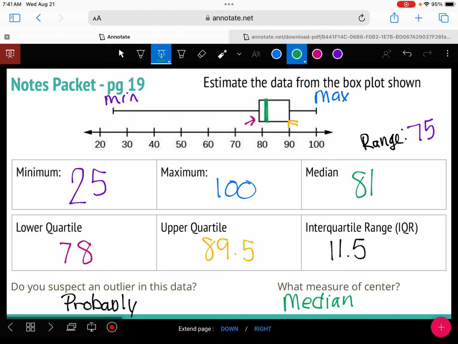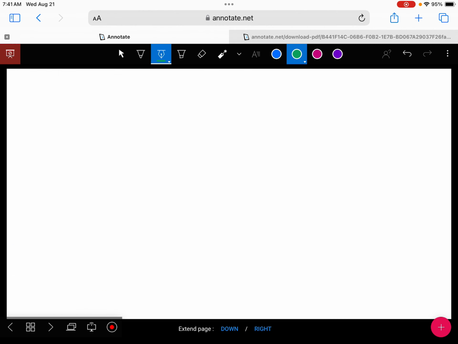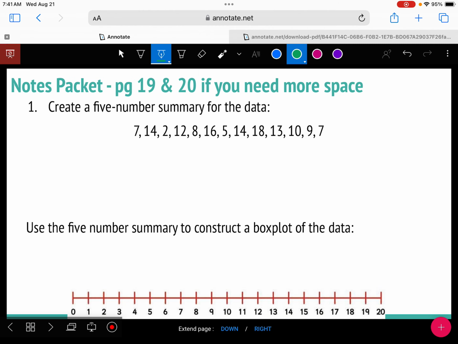Because now we're going to make one and draw it ourselves. We've got a data set. The numbers that we use to make the box and whisker are our min, our max, our median, the lower quartile, and the upper quartile. They are called the 5-number summary because there are 5 of them.